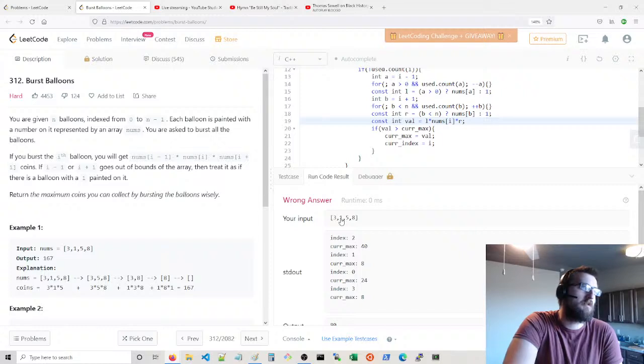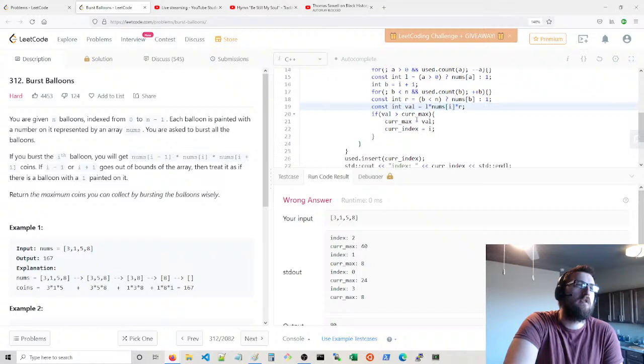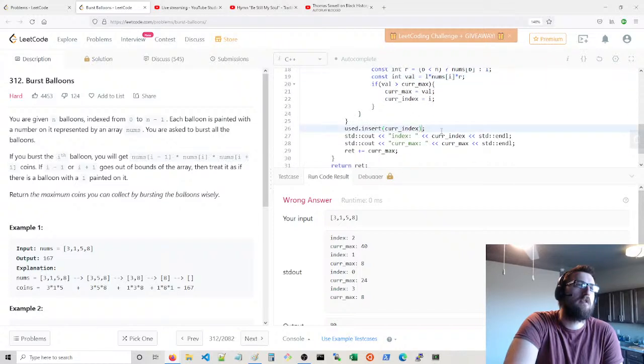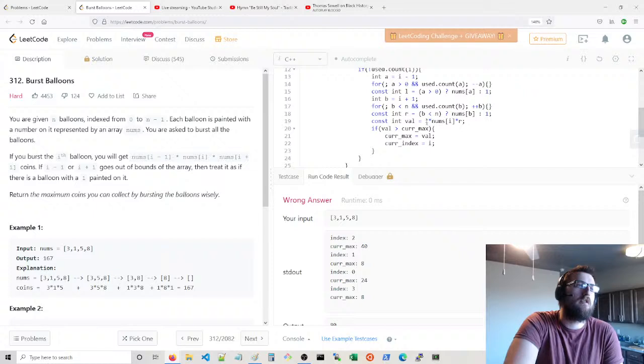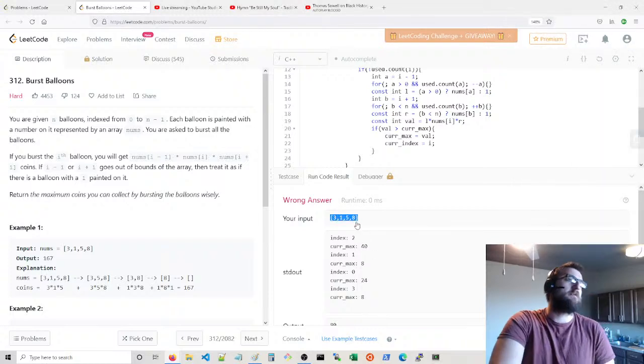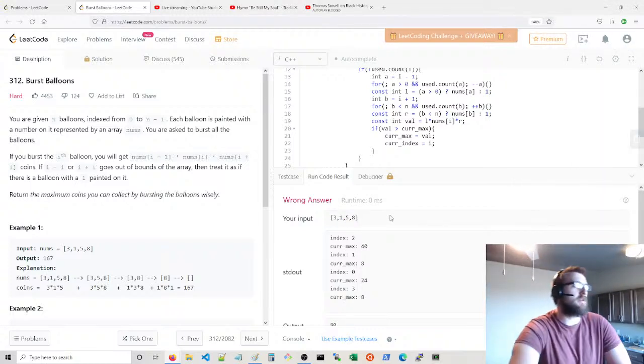Wait a minute, what? Huh. How do we get 8? I would expect 40, 8, and 24. I was actually expecting 40 and 24 would be the next one. It would still give me the wrong answer, but I'm wondering why my code doesn't do what I expect it to do.